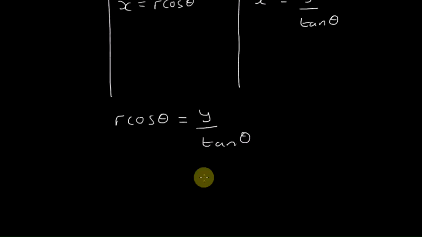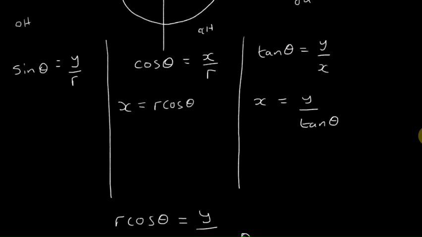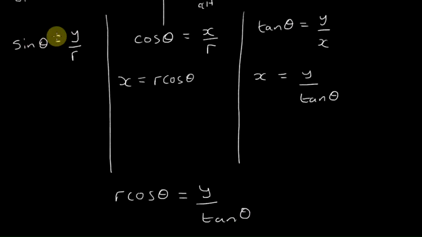And what can we do with that, I wonder? So let's make y the subject of the formula. So we're just going to take tan over. So that's going to be r cos theta tan theta. And let's work the sines out now. So let's make y the subject of the formula up here. So that's going to be r sine theta.